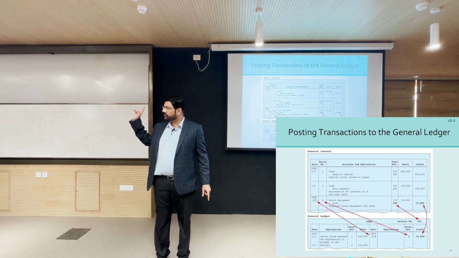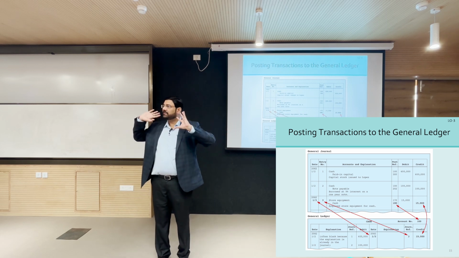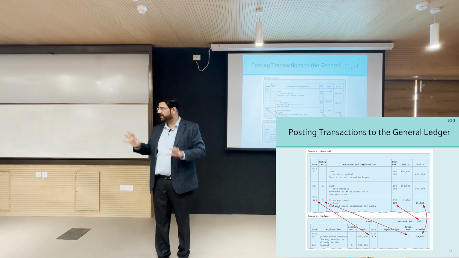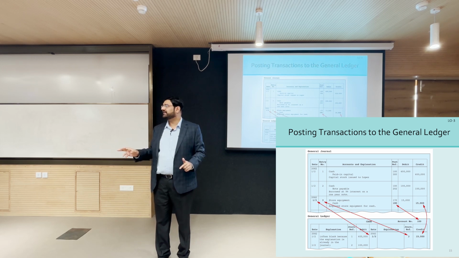On day 1, day 2 we have done transaction analysis. When Lopez invests 4 lakh, from business perspective, does cash come in or does cash go out? Cash come in means cash increased. Cash is an asset or cash is a liability? Asset.